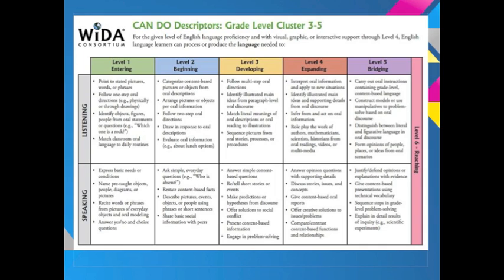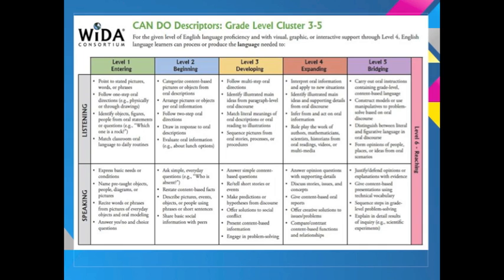This tells you if they're level 2 beginning, then they can categorize, they can arrange pictures, they can follow 2-step oral directions. So this gives you an idea of what this student that you have in your class can do in speaking and listening.